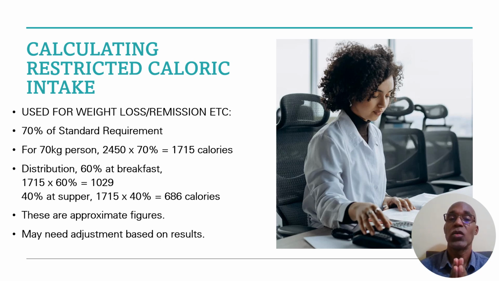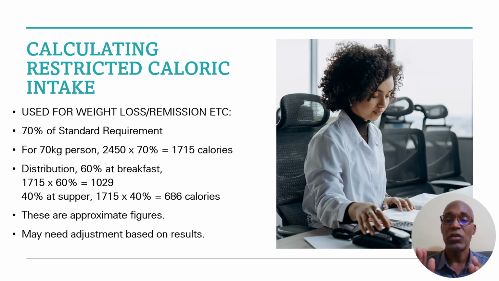So for argument's sake, we're going to be using 70% as the restriction standard. We have already calculated that a person with an ideal body weight of 70 kilograms would be using roughly 2,500 calories. Now, if you're going to be working with a 70% restriction, then it means that you're going to be cutting those calories down to about 1,700 calories, right?